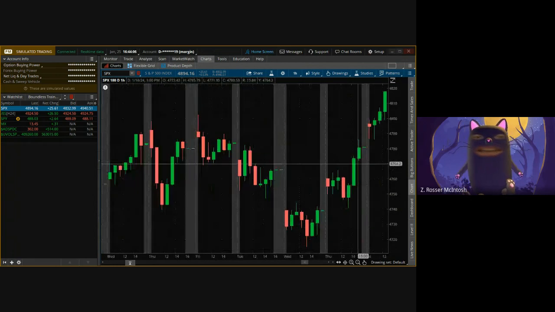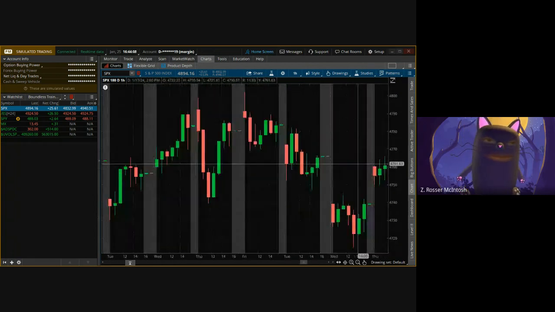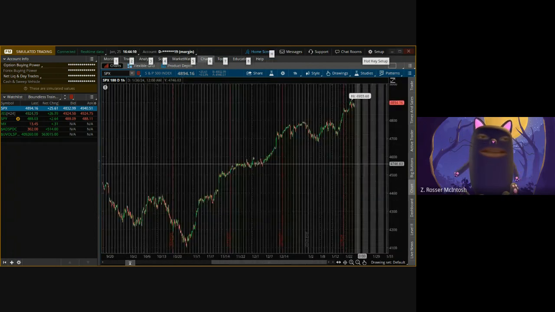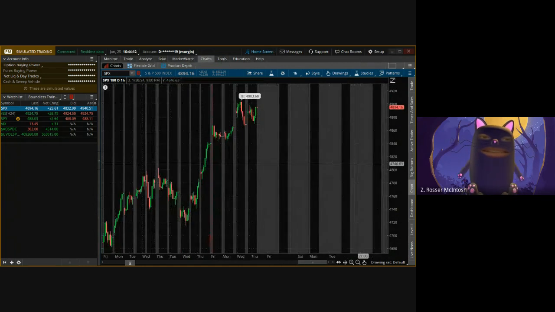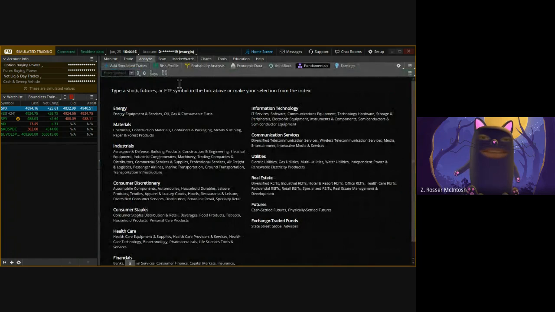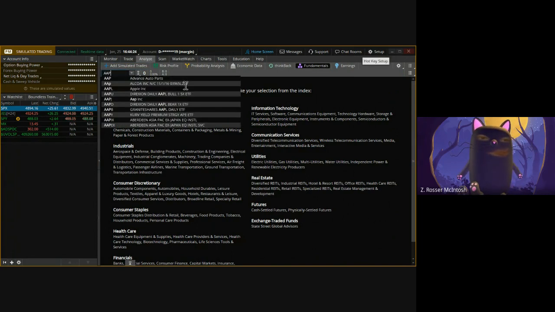If you want to look at the fundamentals of a company, let's look at analyze. By default, it goes to fundamentals. Where it says enter symbol, put in AAPL and hit enter.